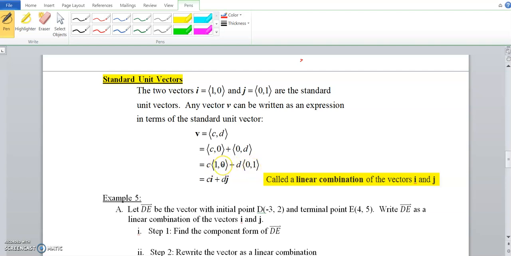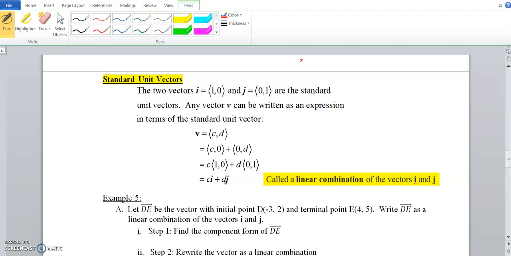Basically we're just proving where it comes from, because 1, 0 is vector i and 0, 1 is vector j. So we can call 1, 0 vector i, and the same thing with d times 0, 1, we can call that d times vector j.